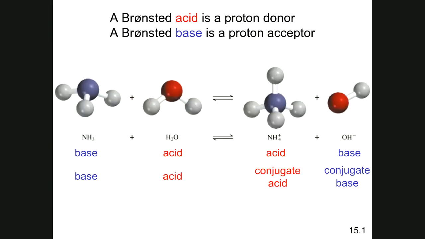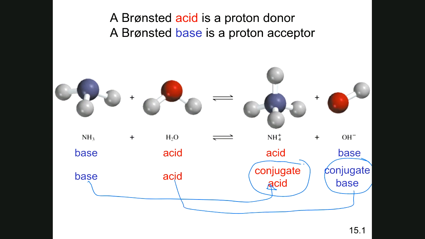We also have the definitions that we need to cover here based on the conjugate. An acid, after losing H+, is going to change to a conjugate base, and a base, after accepting H+, is going to change to a conjugate acid. The difference between an acid and its conjugate base is one proton only.